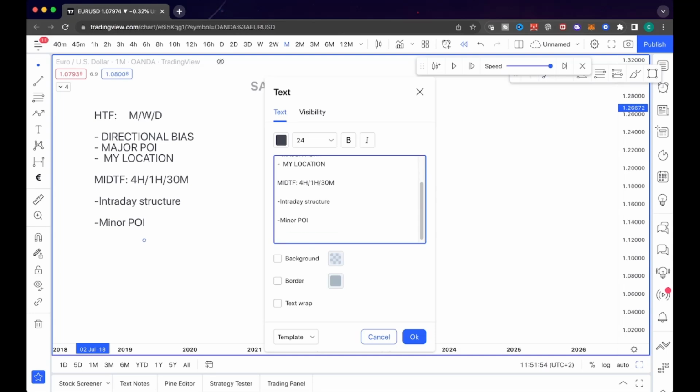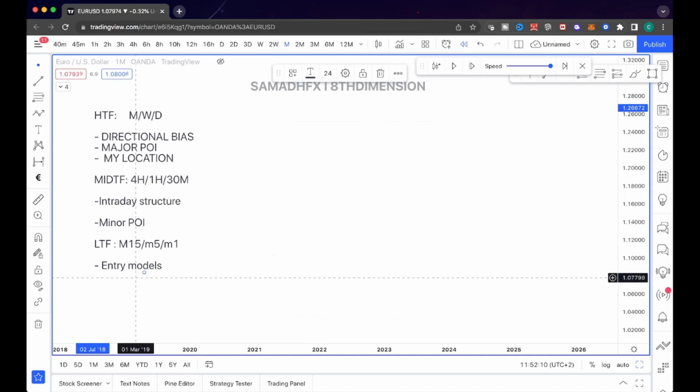And on my lower time frame, which is M15, M5, and M1, I'm looking only for entry models. So if you start your analysis from M15 and you have a horrible win ratio, now you know why.